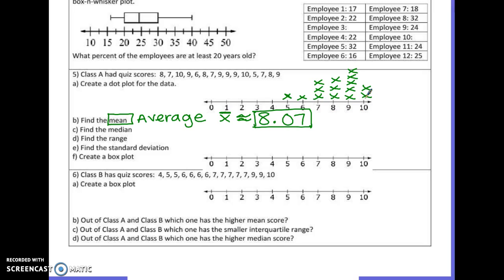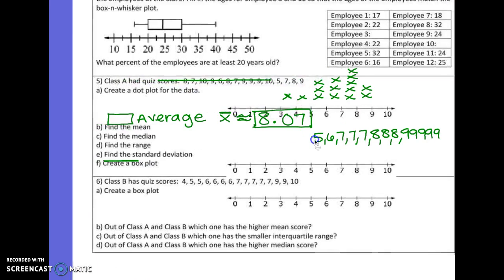The median, well, maybe we want to create a box plot first, and then we can find the median, because that would make it easier. So if I write these out from small to big, I've got them listed here on my dot plot. So I have 5, 6, 7, 7, 7, 8, 8, 8, 9, 9, 9, 9, 9, and there's 2 10s.